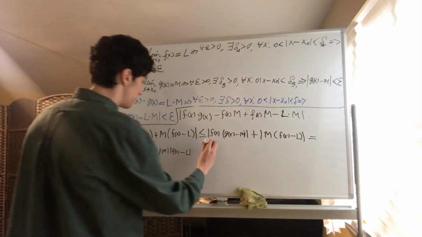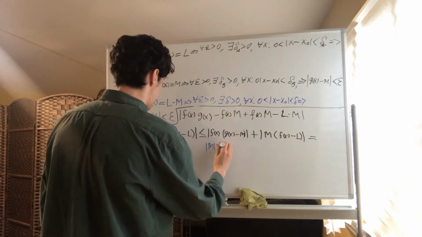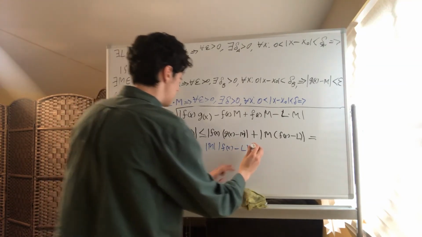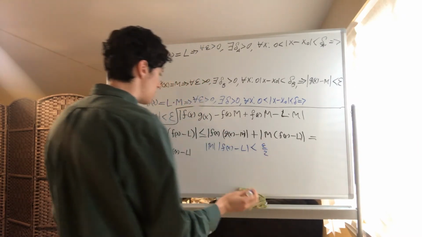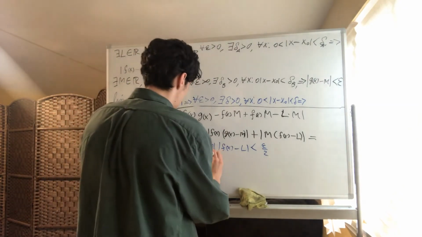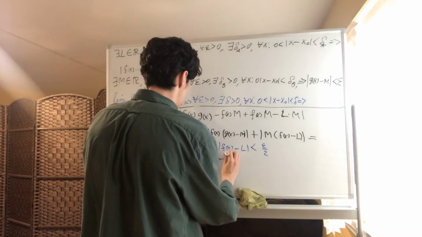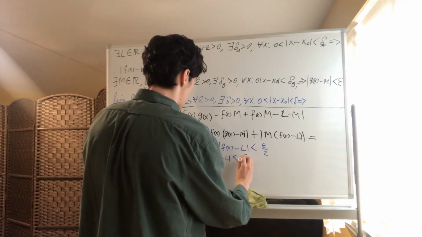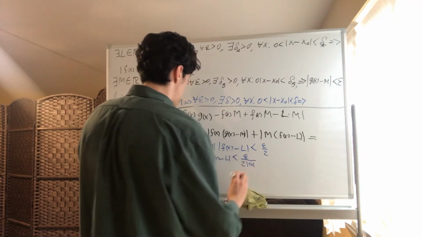Our goal is to show that absolute value of m times absolute value of f of x minus L is less than epsilon over 2. So we can divide by absolute value of m on both sides. So f of x minus L, that difference, is less than epsilon over 2 times the absolute value of m.